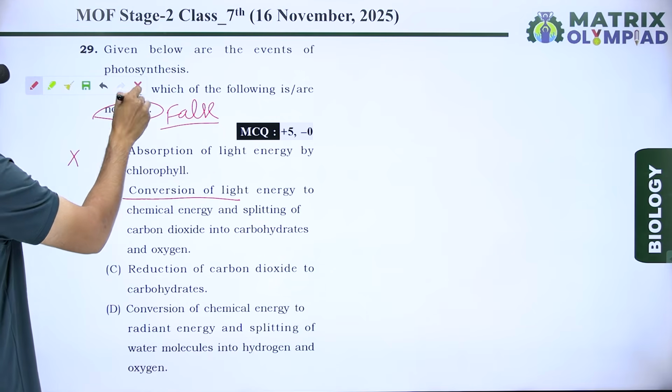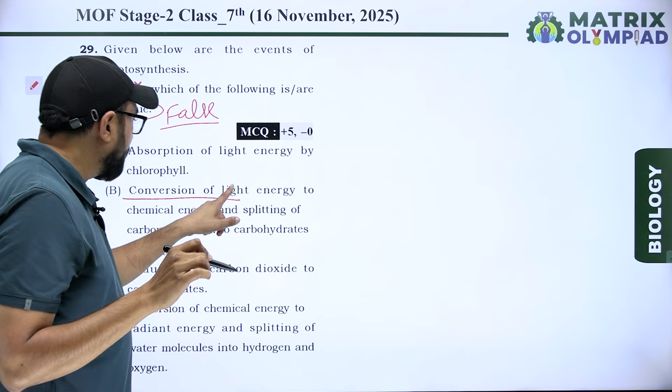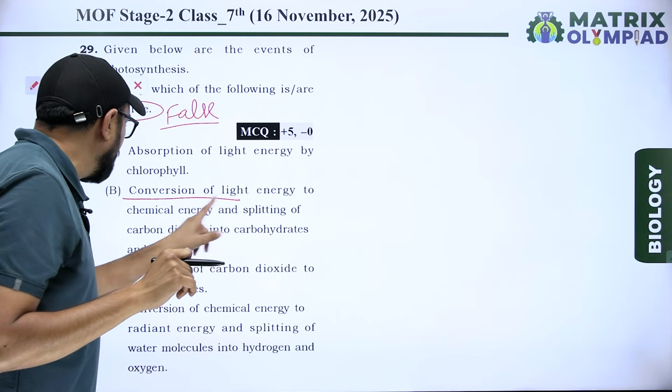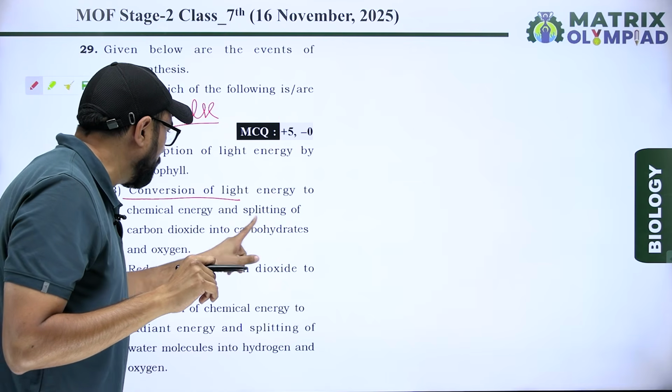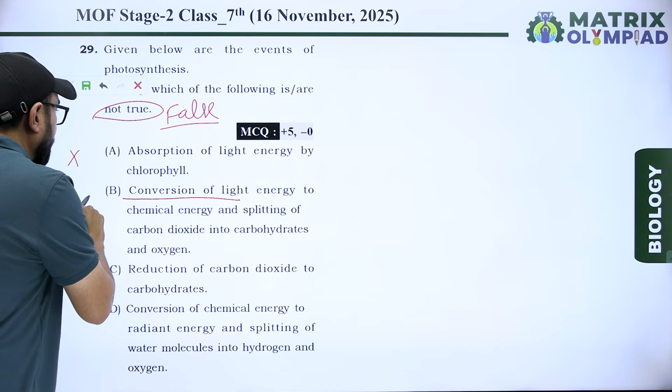Not true means false, so A is true. B, conversion of light energy to chemical energy and splitting of carbon dioxide into carbohydrate and oxygen. No, wrong.